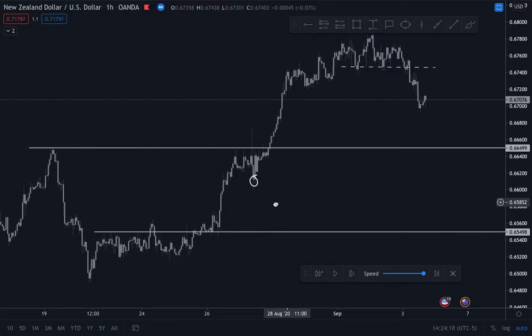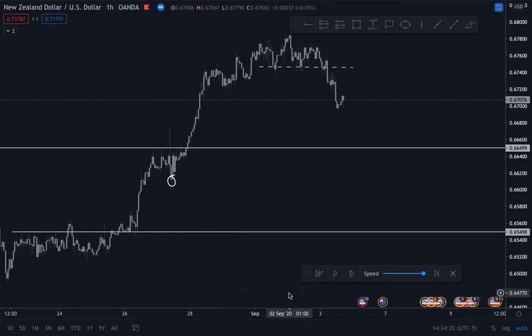So yeah, we know that the buyers overall most likely have control, but the sellers in the short term definitely think they might have control as well. So this is just a waiting game at this point.